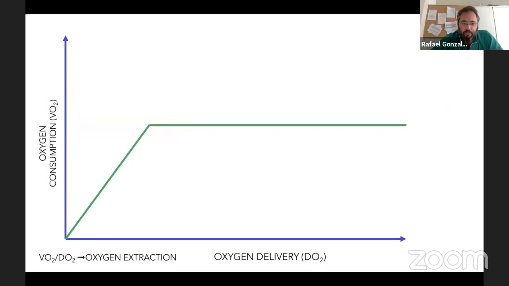In this graph, we can see how oxygen consumption and oxygen delivery are related, and the extraction is dependent on this line. We can increase oxygen delivery, but from a certain point, even if we increase the delivery of oxygen to the tissues, we can get no more consumption from the tissues.